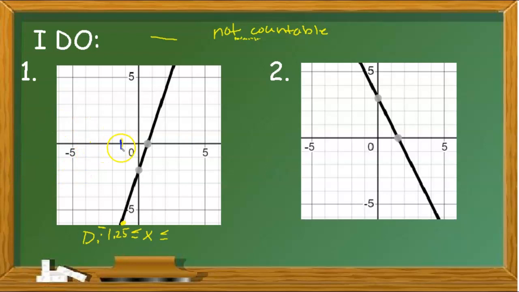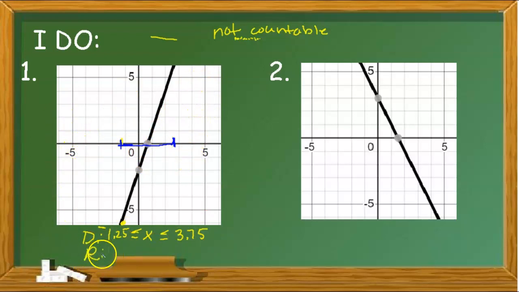Okay, so all my x's that I see are going from about right here to about right there. So I'm going to say it's going from 1.25 to maybe 3.75. Okay, we'll do that. So that would be my x's. That's the only x's I graphed. You don't see x's over here or any graph over here.